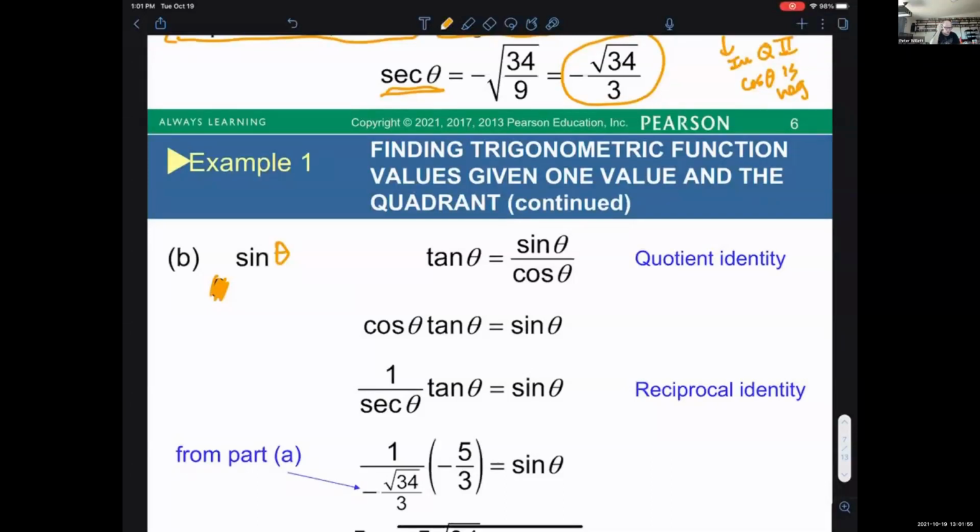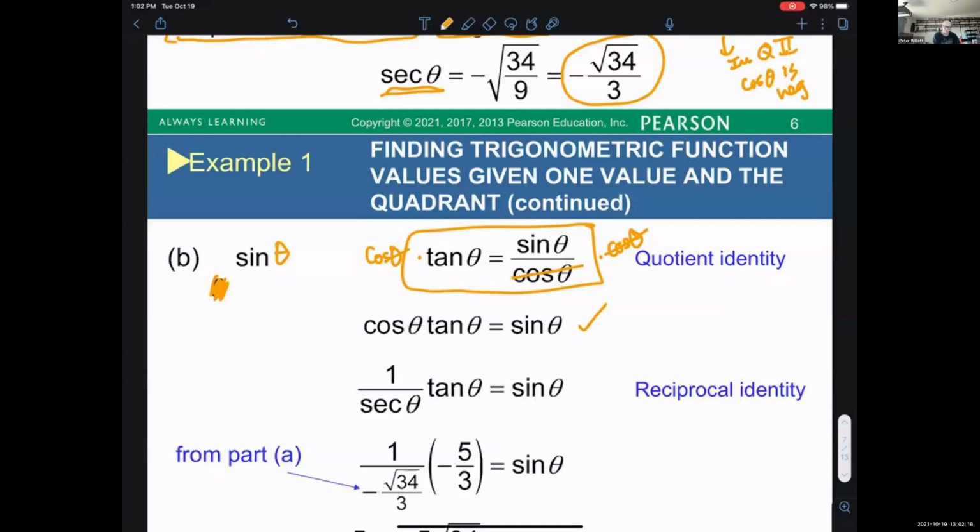And so if we're trying to find out what sine is, we can take this expression and solve it for sine by multiplying by cosine theta on both sides. Because over here, the cosine thetas would cancel. And then you're left with sine theta is equal to cosine theta times tangent.